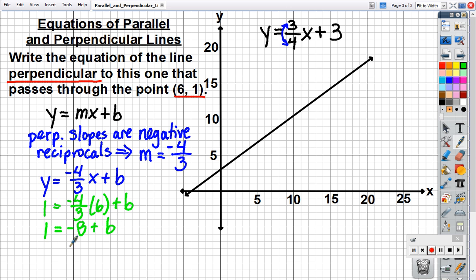And then I'm going to add 8 to both sides, because getting rid of -8 is adding 8. And I get that b is 9. So my answer is going to be y equals -4/3 x plus 9.